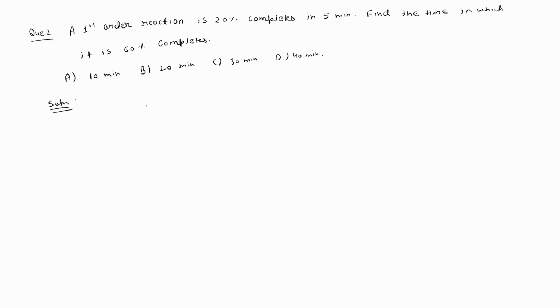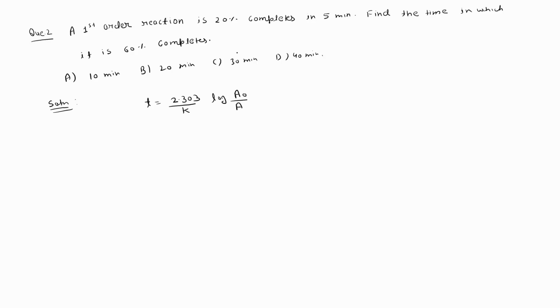So we have to use the same equation, t is equal to 2.303 divided by k log a naught by a. Now, what is the question? A first order reaction is 20% complete in 5 minutes. Find the time in which it is 60% complete.